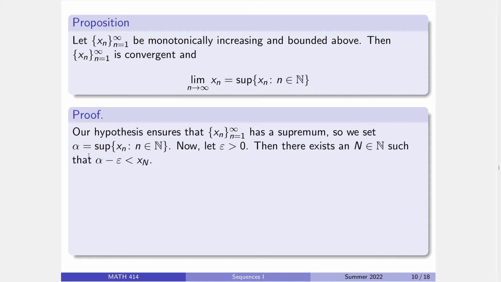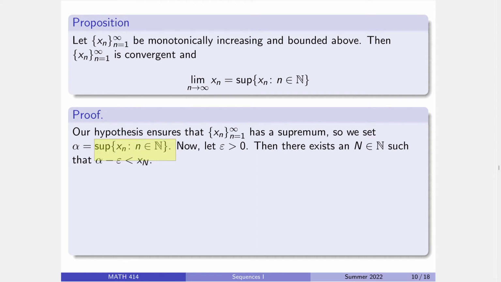Now alpha is the least upper bound for this set. So alpha minus epsilon is strictly less than alpha, which means that what I have here is not an upper bound, which means there is some point in the sequence that will surpass this value.